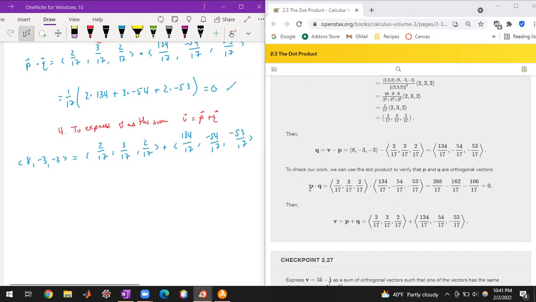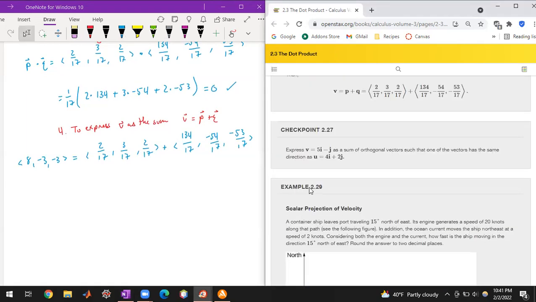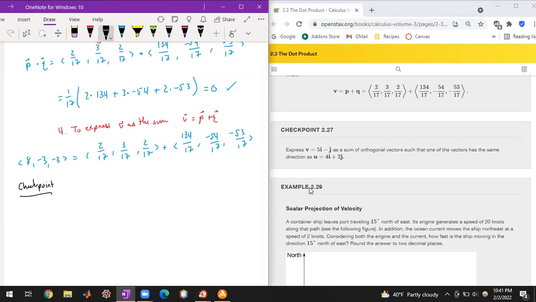Well, let's take a look at this checkpoint now. For the checkpoint, we want to take the same process, except now we're given the standard unit vectors for our components.